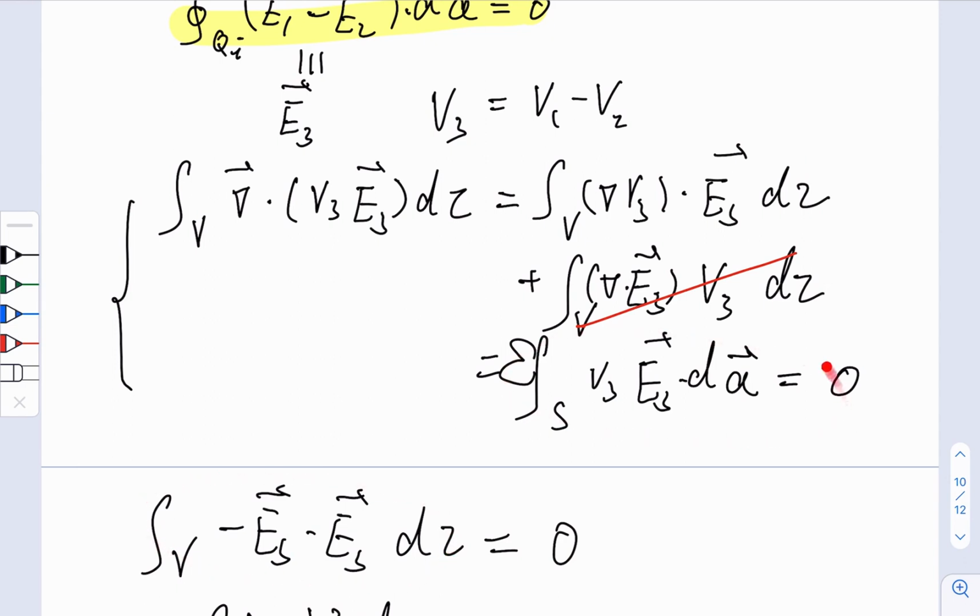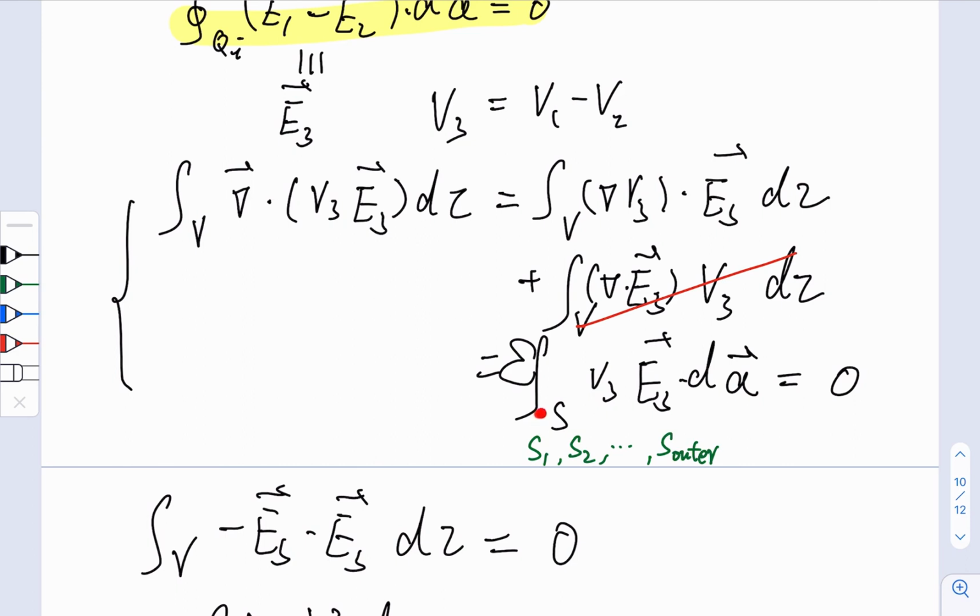On the right hand side, V3 should be a constant over each surface. This surface includes the surfaces enclosing Q1, Q2, and all of these conductors, and also the outermost surface. For each of these surfaces, V3 is a constant and can be pulled out of the integral.